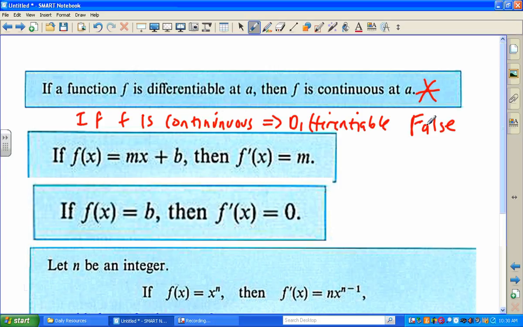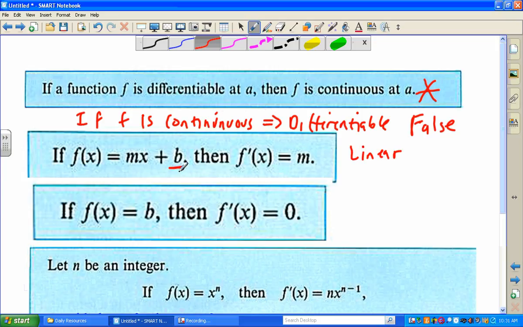We'll talk about them. The first one, the derivative of a linear function is just the slope of the line. So that's pretty easy. If it's a linear function, it's just going to be the slope. Notice one thing.